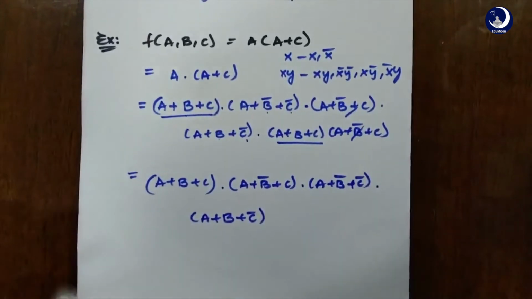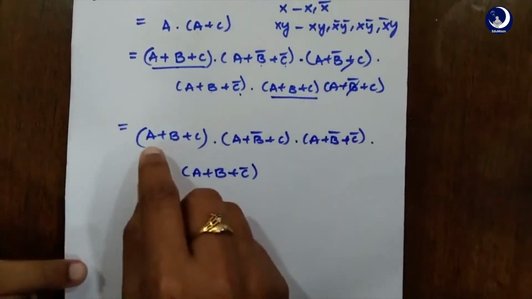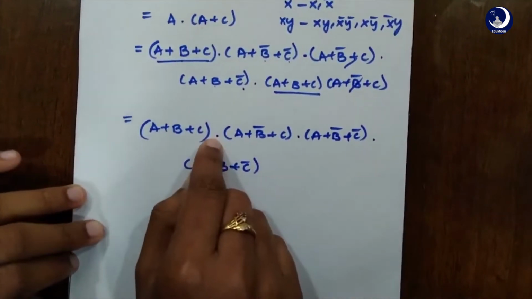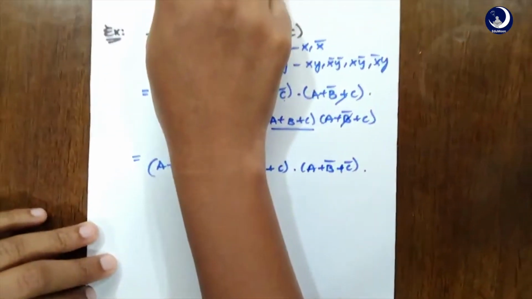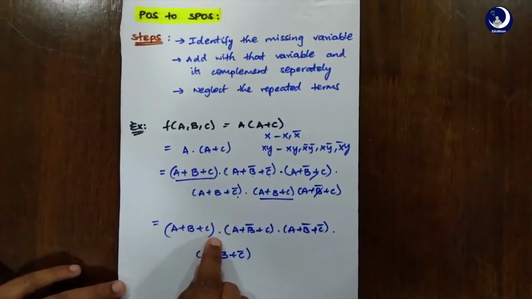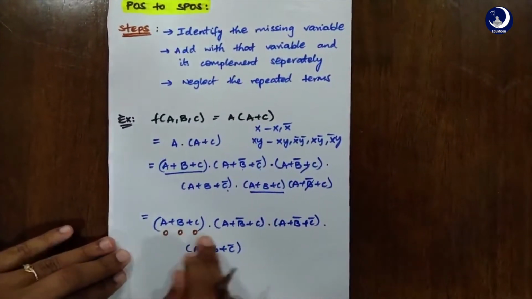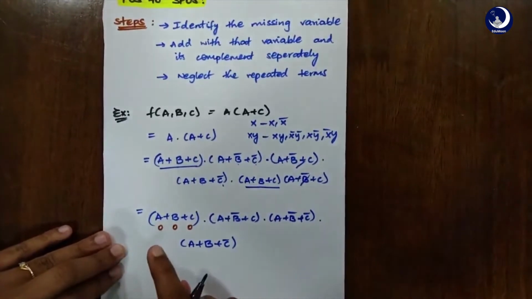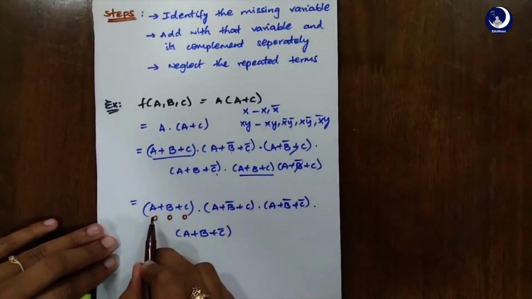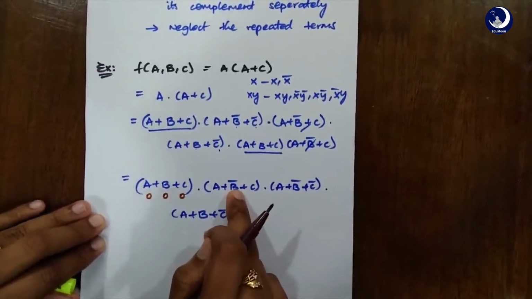Now here comes the actual confusion. In the previous one, for all this ABC, generally we take it as 1, 1, 1, right? But in the case of POS, we need to take the normal terms to be 0. These are not ones, these are zeros. Don't confuse this point, because it will completely change your answer. So these are all 0, and for the B bars, whatever is complemented is taken as a 1.